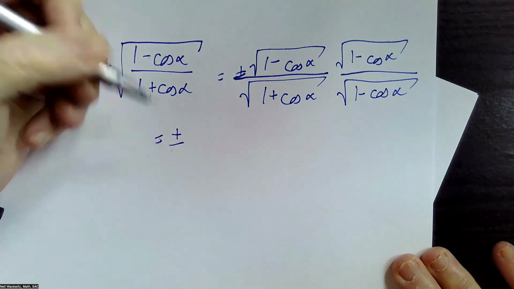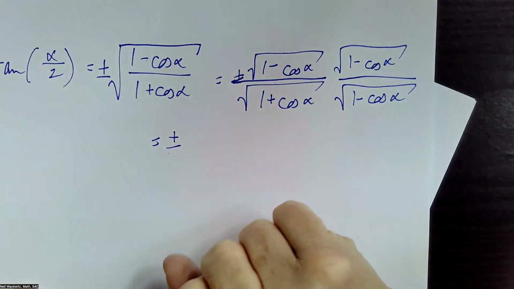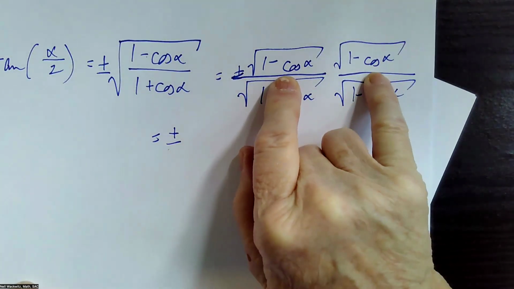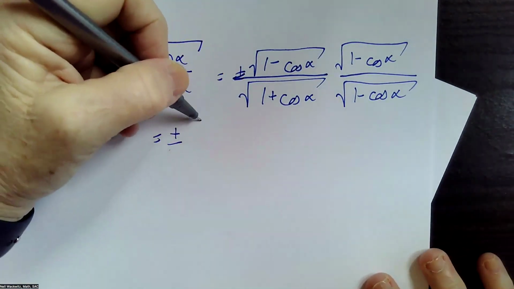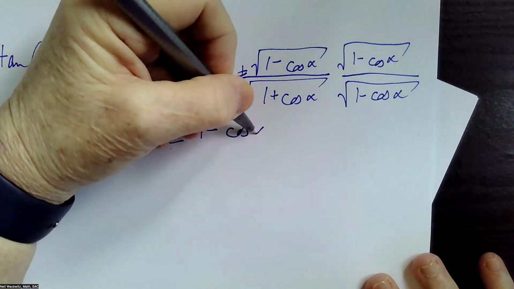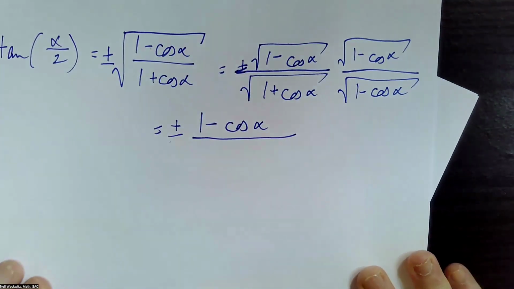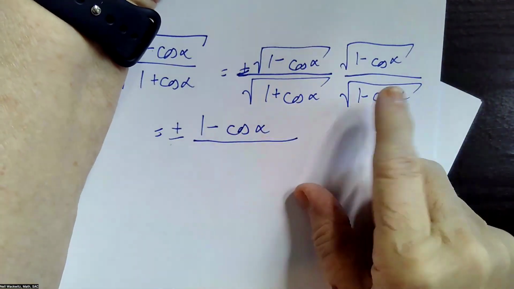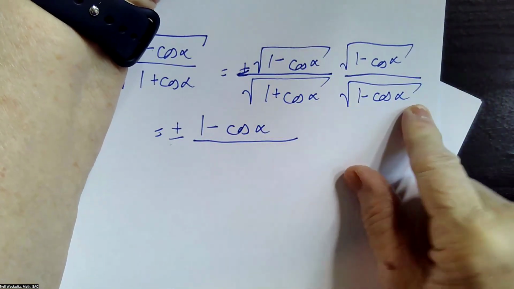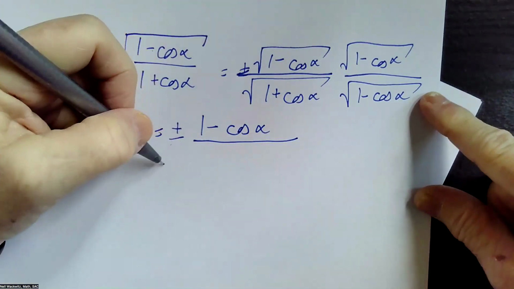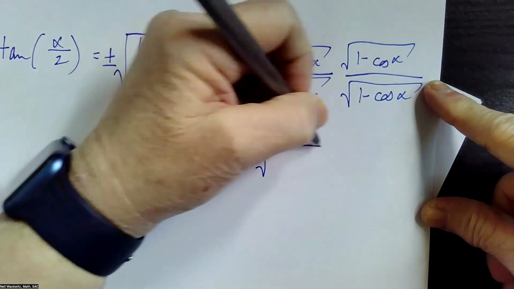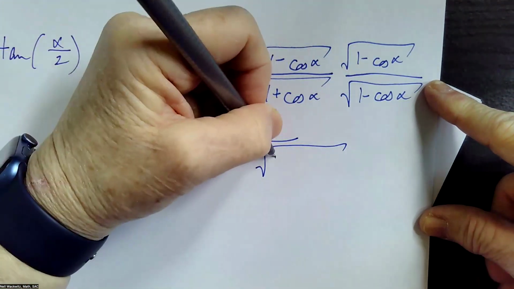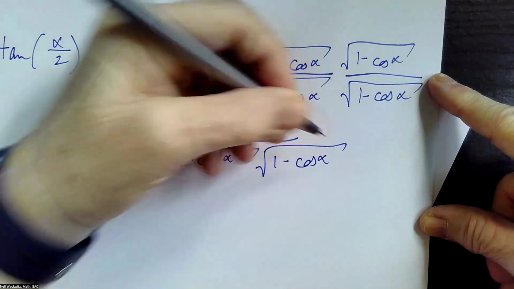So in the numerator, I've got the square root of 1 minus cosine alpha times the square root of 1 minus cosine alpha. That's just going to be 1 minus cosine alpha. In the denominator, I've got the square root of 1 plus cosine alpha times the square root of 1 minus cosine alpha. Let's write that this way first: the square root of 1 plus cosine alpha times the square root of 1 minus cosine alpha.